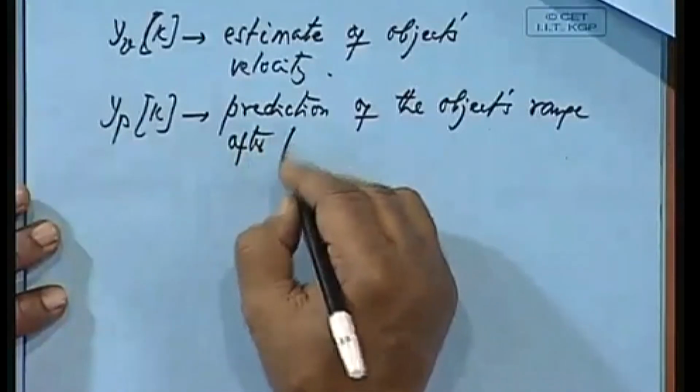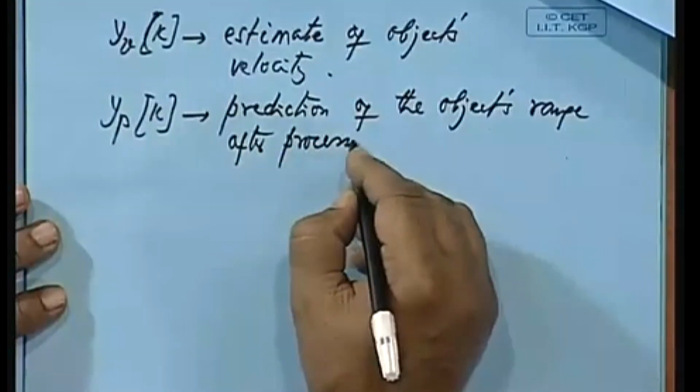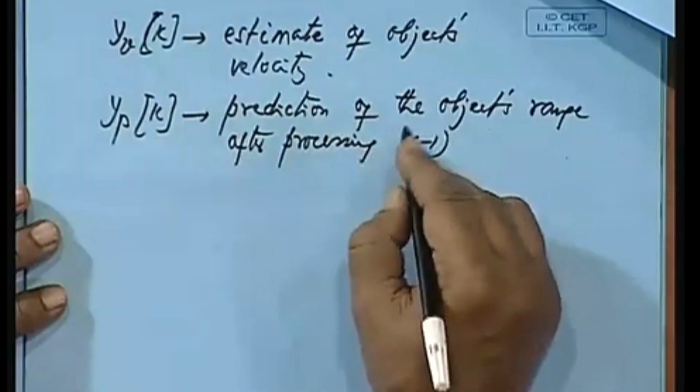Whenever you are making a prediction, the prediction is based on the previous measurements. So, after processing the k minus 1th pulse.